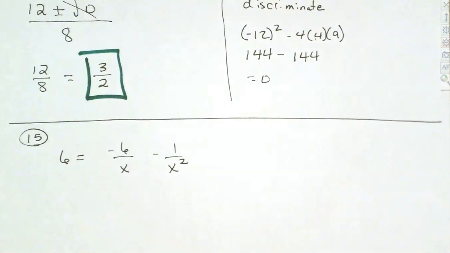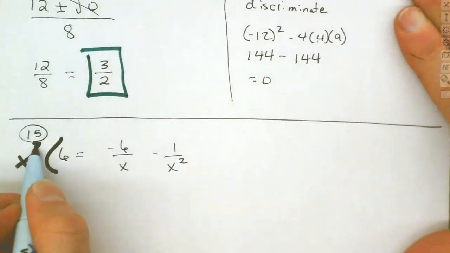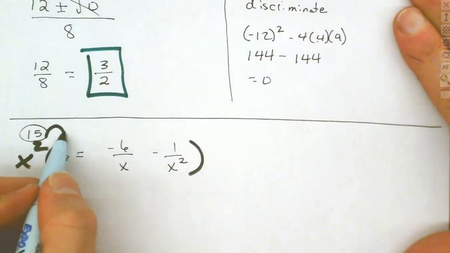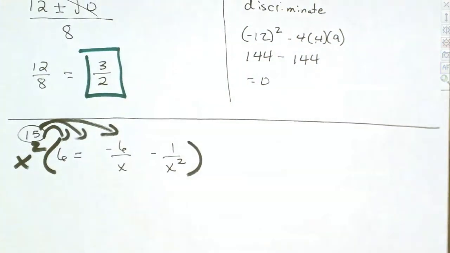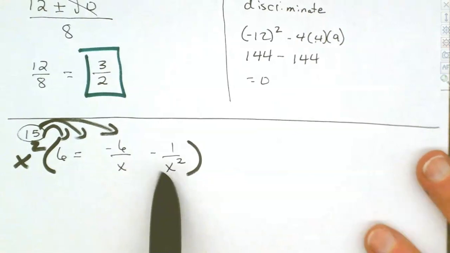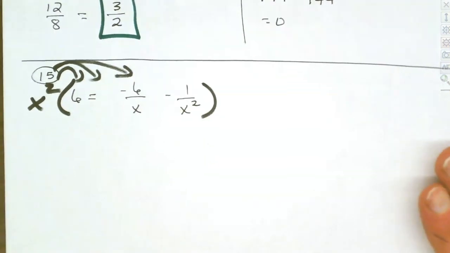Now, we have no numbers in the denominator, but what we have is x's in the denominator. And what's our highest power of x? Squared. So we're going to have to multiply everything now by x squared to get rid of it. Because that x squared will take out that one. You have to make sure you use the highest power.